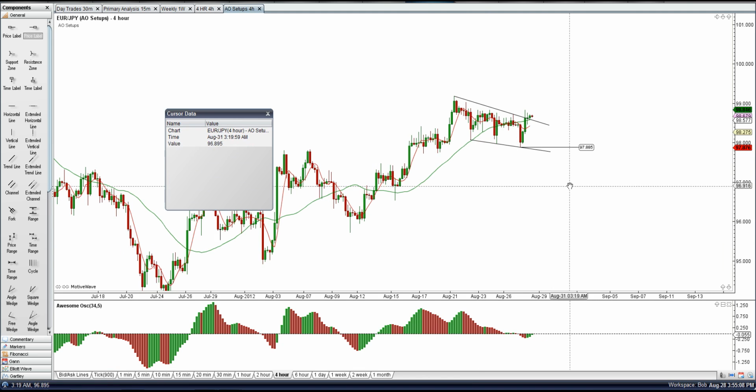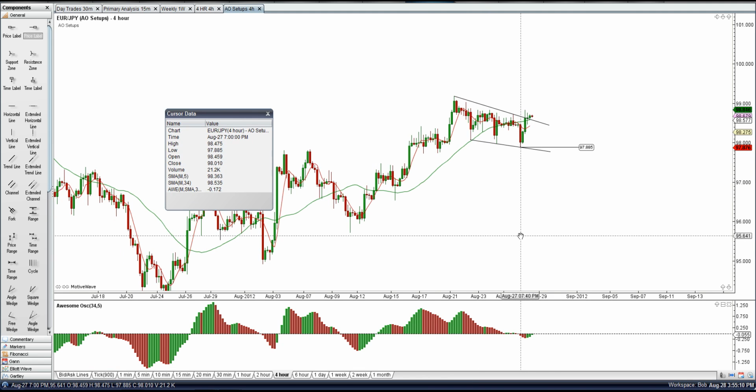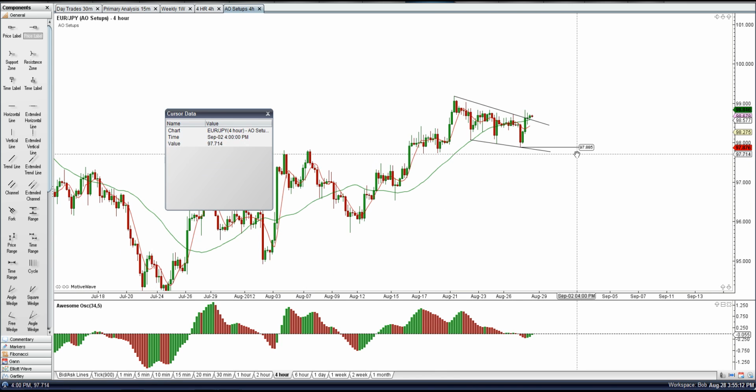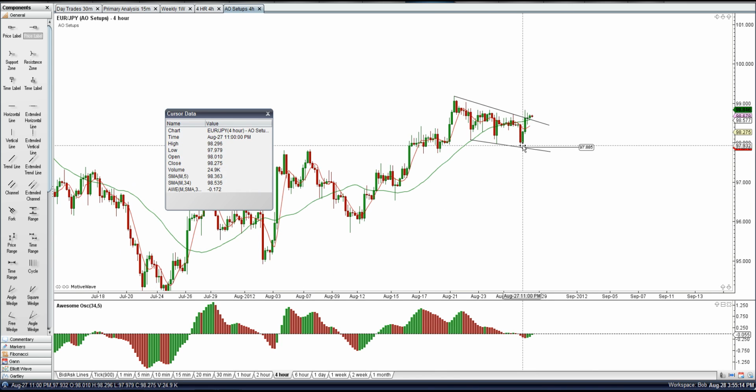Euro, we have the zero line cross with a close below 97.88. And it hasn't crossed back up yet, so this still is valid. And we may end up with zero line cross in a saucer here over the next few sessions.